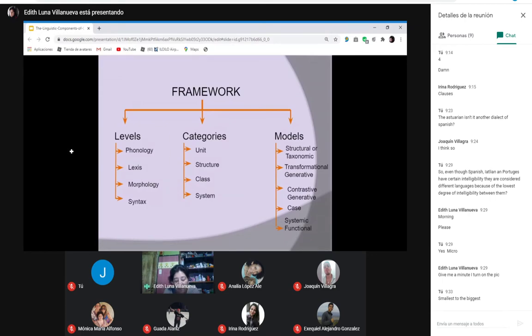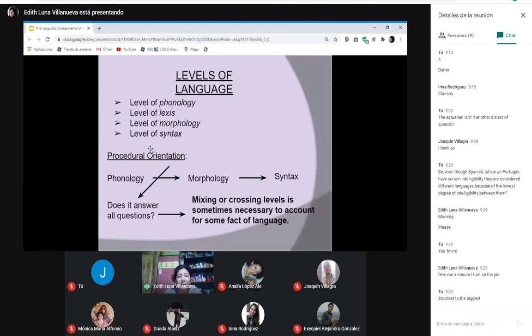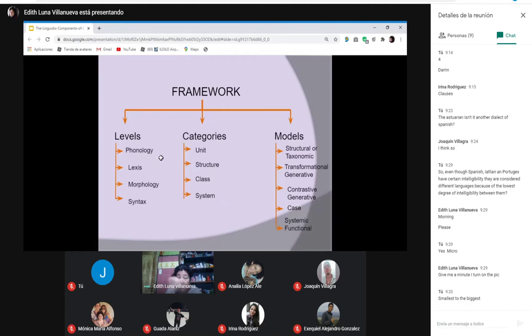So I was saying, in order to do this contrastive analysis, we need to split the language into bits, into sections, into parts. If we work from the perspective of levels, we are going to pay attention to everything you've been discussing with Mrs. Analia. So you're going to be left with 4 observable levels: phonology, lexis, morphology, syntax.